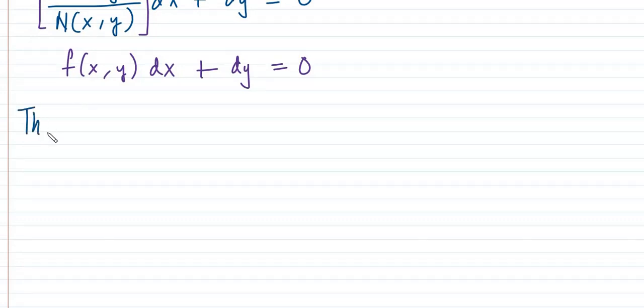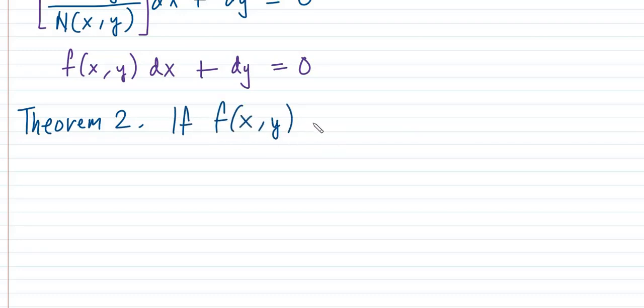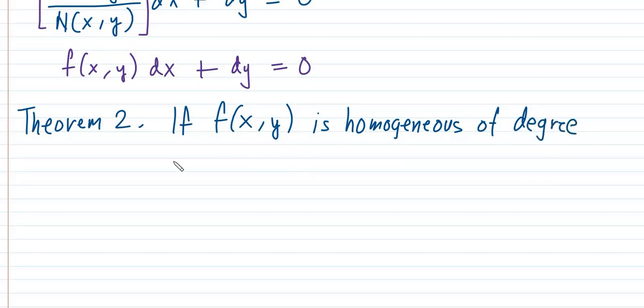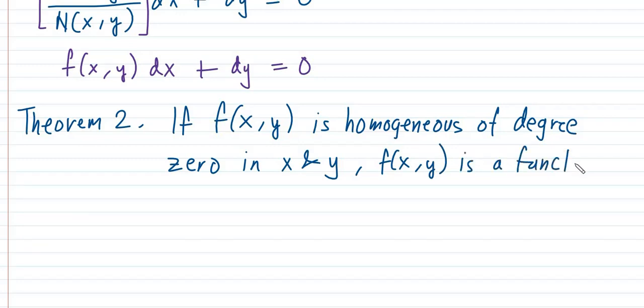Theorem number 2 states that if f of xy is homogeneous of degree 0 in x and y, then f of xy is a function of y over x alone.